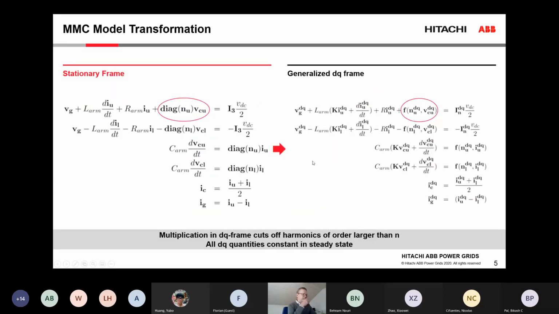And so that's the first straightforward part of the transformation, and this is actually not an approximation, it's still an exact representation. But my problem here is that when I look at these terms, where I multiply my insertion indices with my state, it appears here, here, and also for the capacitor voltages.